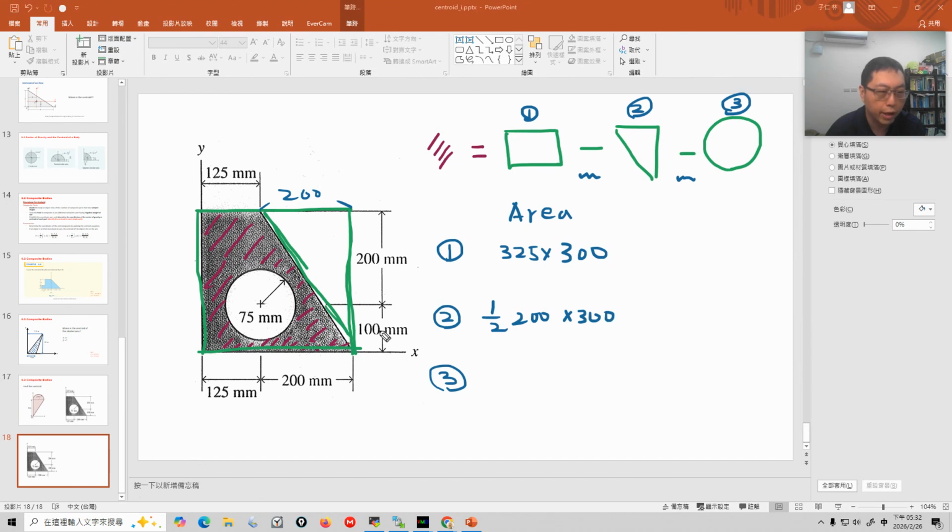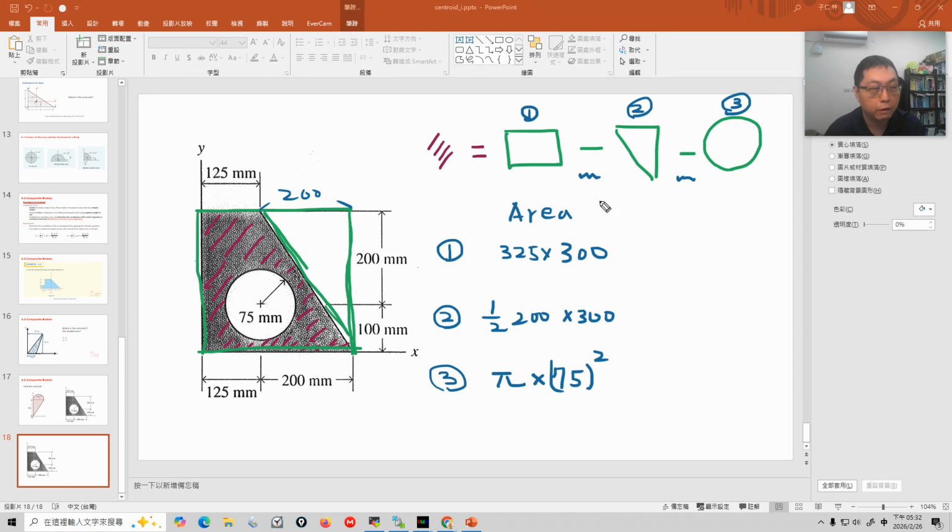The final one, area C, is the circle. Its radius is 75 millimeters. What's the area of a circle? I think you all know this: pi times r squared.